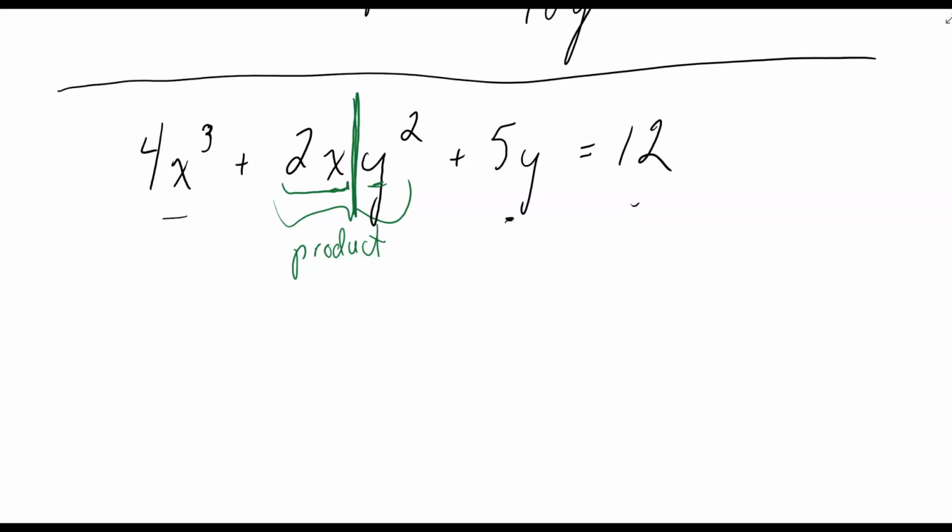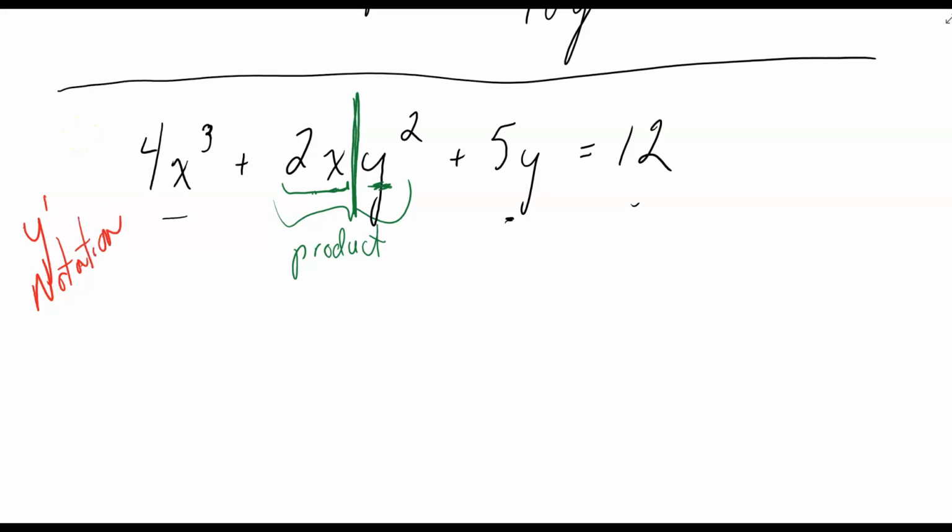So remember, the product rule is that we have to multiply the first factor by the derivative of the second, and then the second factor by the derivative of the first. So we're going to still do that using the same notation, and I'm going to use that y prime notation.